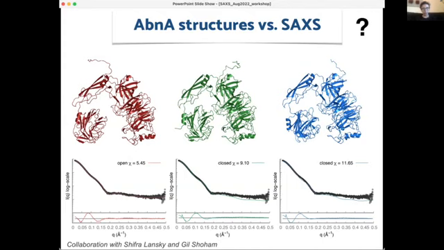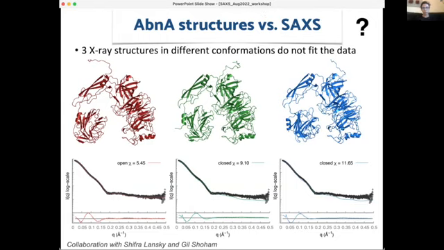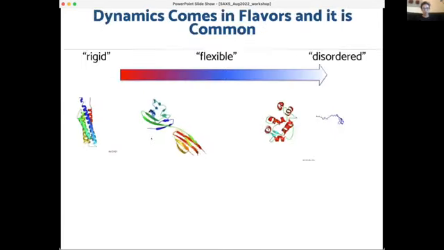Okay, so what do we do when we have something like that? What we need is to sample the different structures.